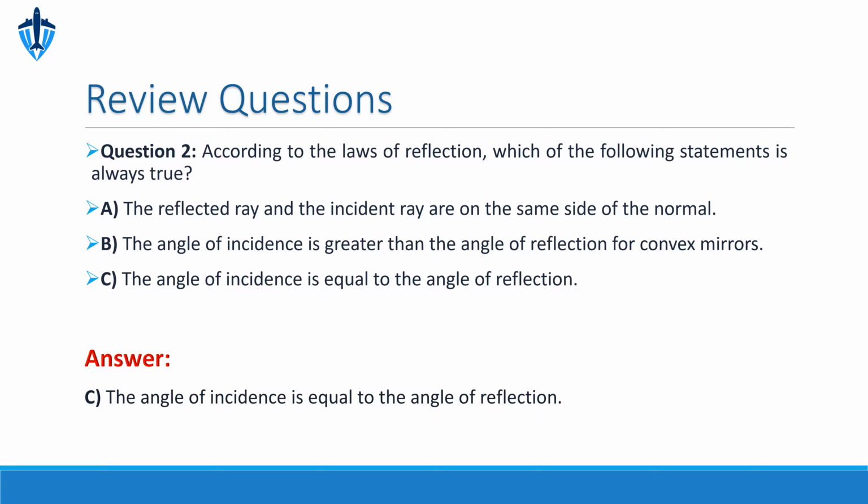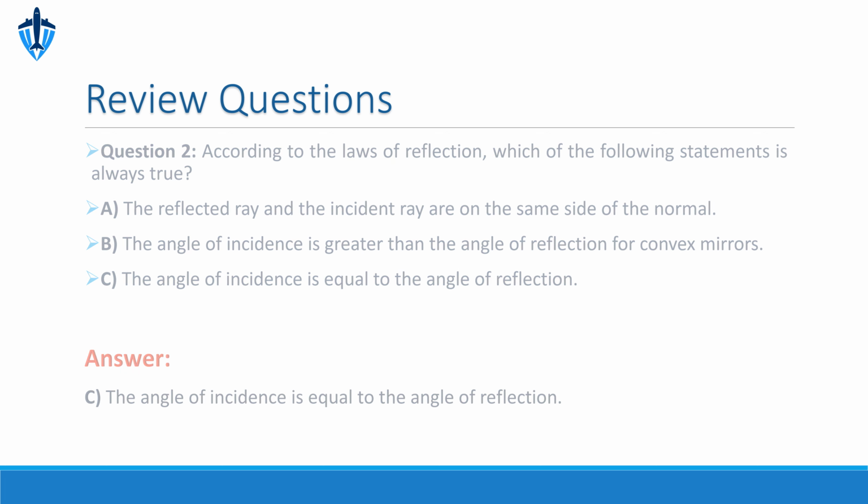A specific law states that the incident ray and the reflected ray are on opposite sides of the normal. Option B is also false. The equality of angles, theta I equals theta R, applies to all mirror types, including convex ones. The demagnification in a convex mirror is due to its curvature, not a change in this basic law.